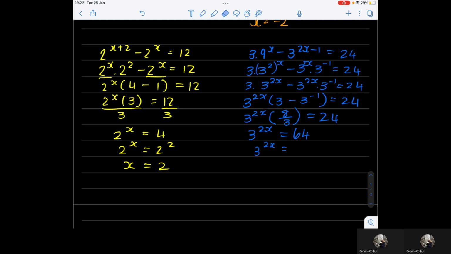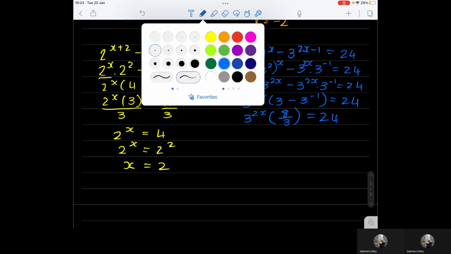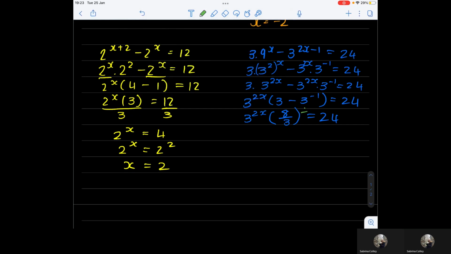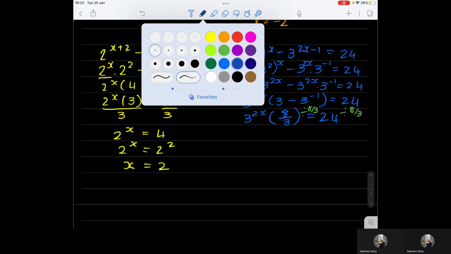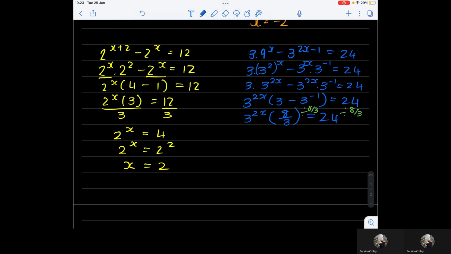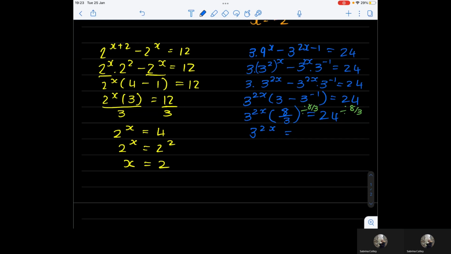Not times 8 over 3, but divided by 8 over 3, because it's being multiplied. So we have 3 to the power of 2x equals 24 divided by 8 over 3, which is 9. I get the bases the same. And now I can just work with the exponents. So I get x is equal to 1.